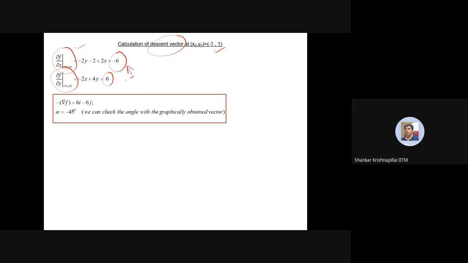So this is for ascent, and you have to take the negative of this for descent. So this will be plus 6 and minus 6. This is the direction of the descent vector. Plus 6 in x and minus 6 in y, so it will look like this. This is the direction, and this angle will be 45 degrees.